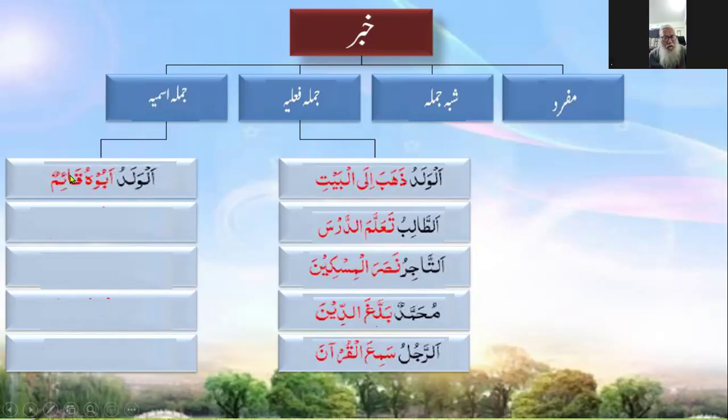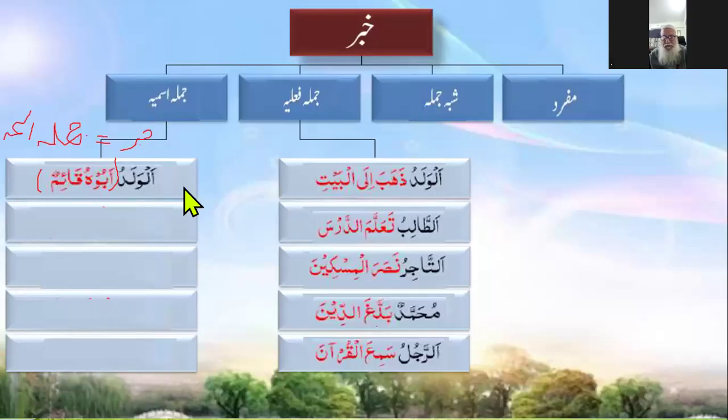So mubtada and khabar become a jumla ismiya. So the jumla ismiya is coming as a khabar. This is a jumla ismiya, but it is coming as khabar.